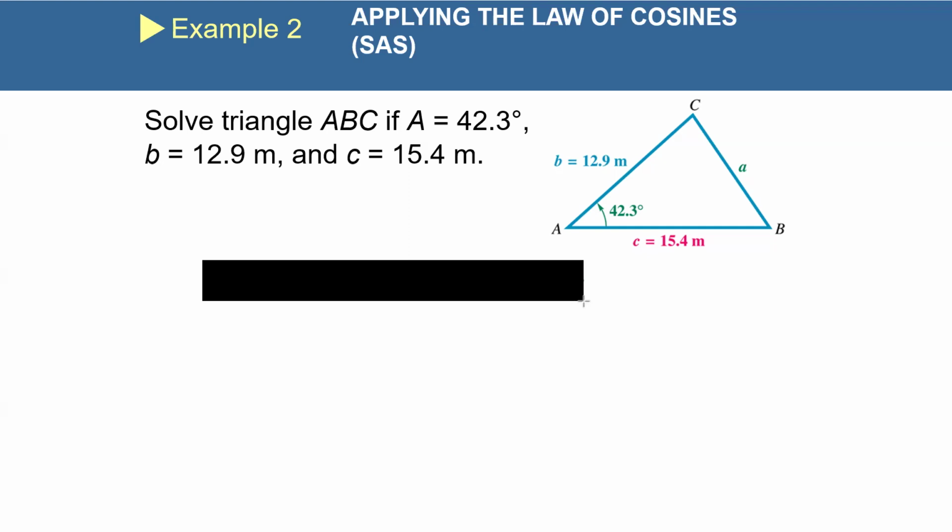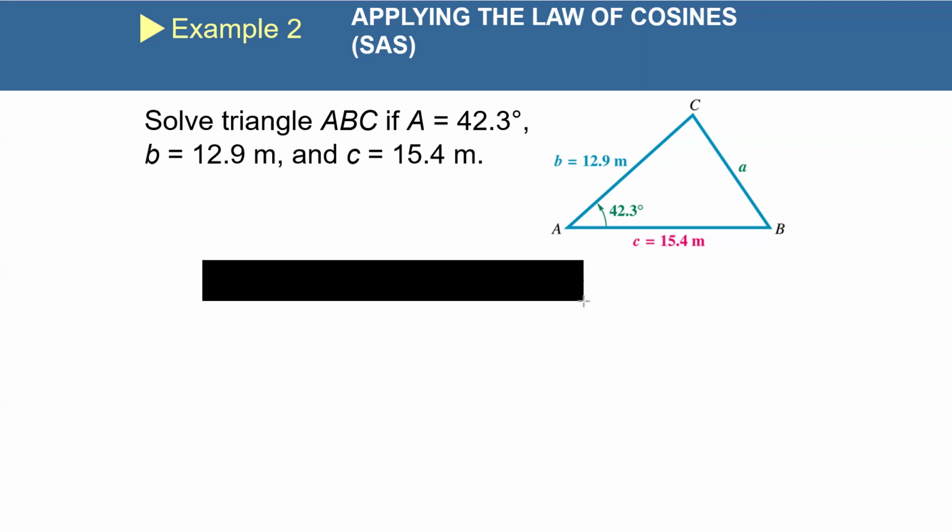Did somebody get 109? I didn't get that. What did you do? You've got to take the square root. So 50.4 squared, I'll bring the square on there. Right, okay, -2. Did you put 42.3?